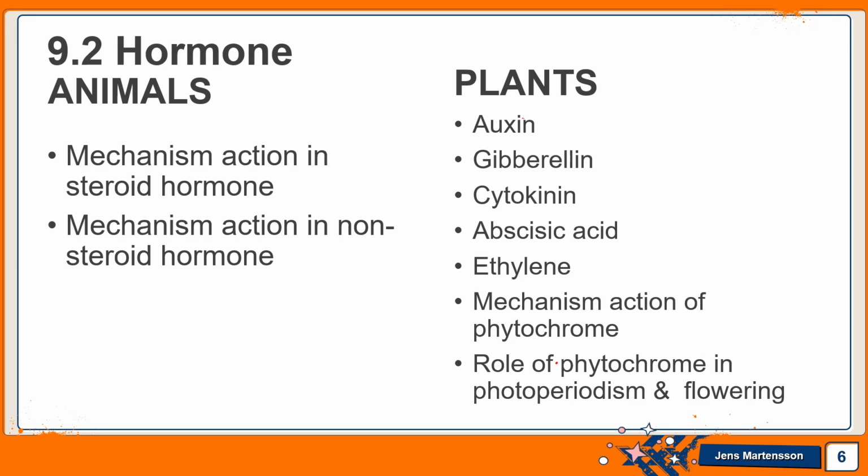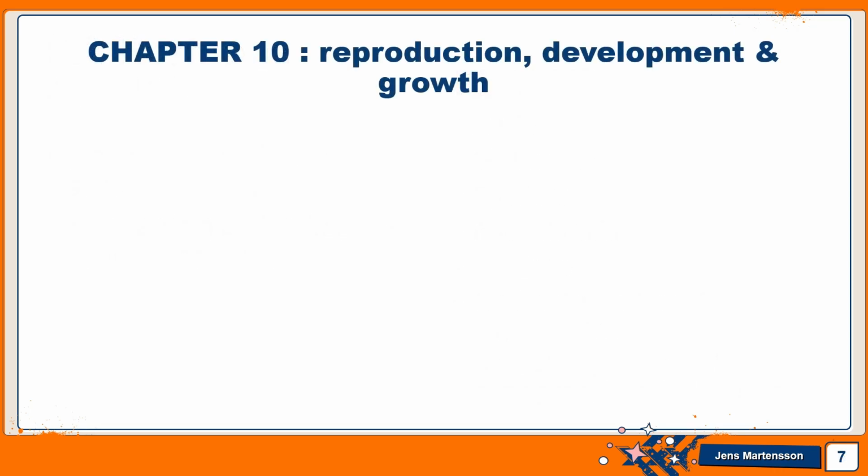So overall, this topic all are new to you. I can say mostly all is new to you. So you also need to take more effort in this topic. The fourth topic of this semester: reproduction, development and growth.